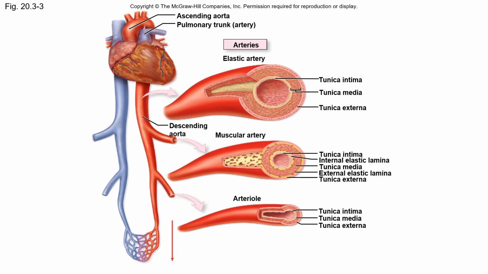Okay. Branching off of muscular arteries are the arterioles, which look very much like a muscular artery, only in miniature. And arterioles also do a lot of the constricting to control blood pressure and blood flow patterns.